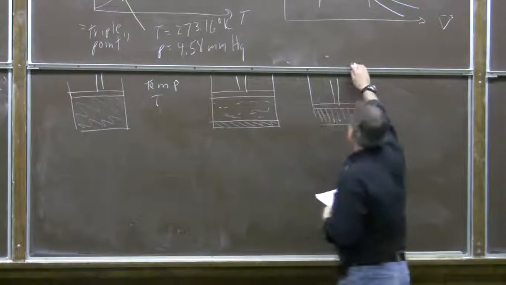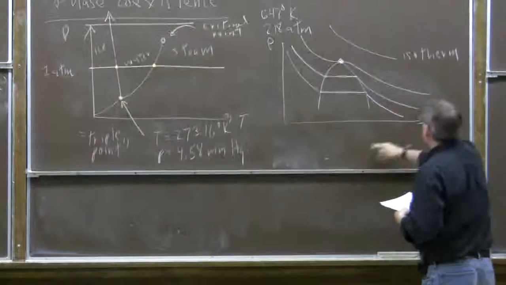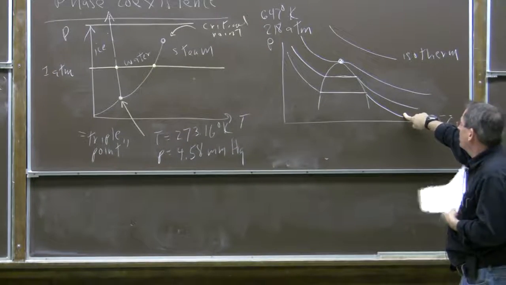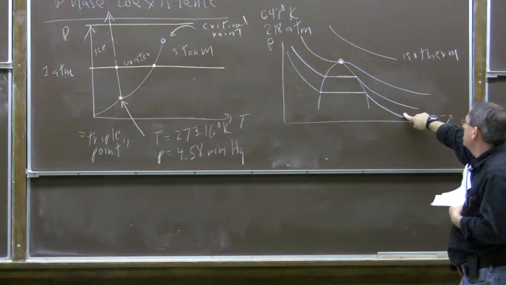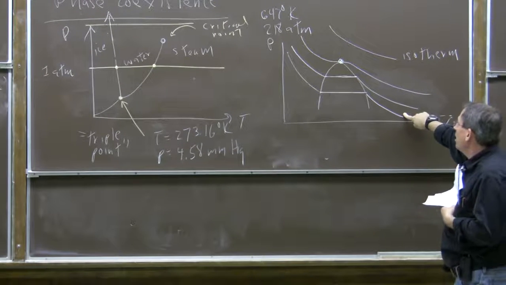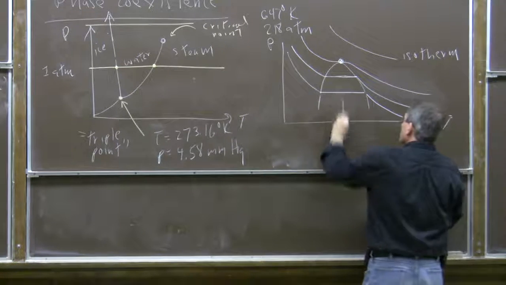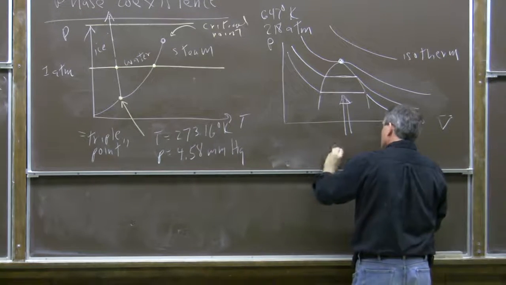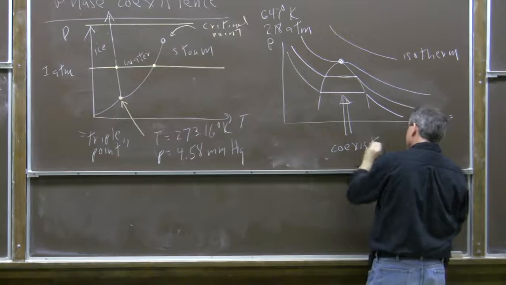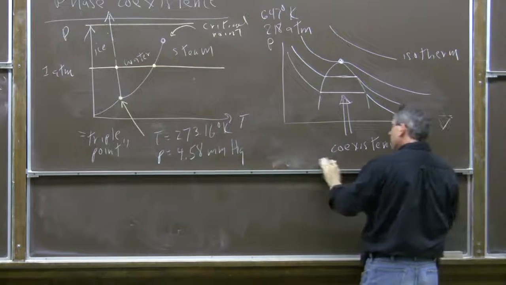So this is just describing the same thing. We start out with a large volume chamber. It's a gas. We compress it for a while. Eventually the liquid forms. And so in here, this is the coexistence of gas and liquid.